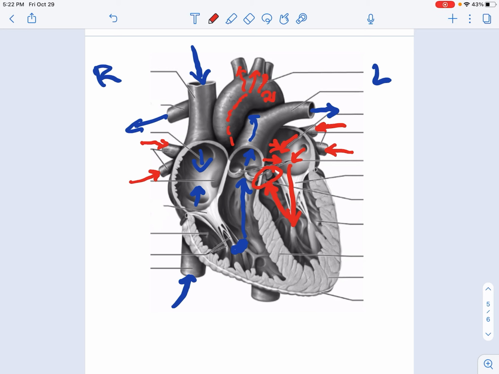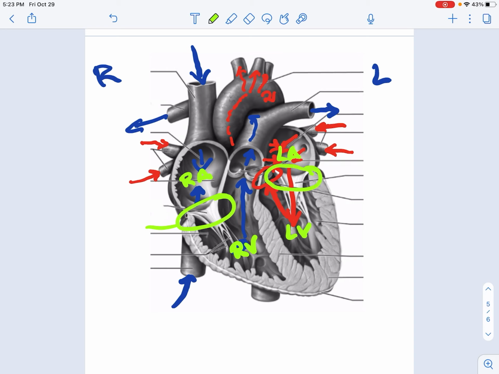So once again, a review of the valves and the chambers using our bright green. Right atrium, right ventricle, left atrium, left ventricle. The four valves: right atrioventricular valve, also known as the tricuspid valve.